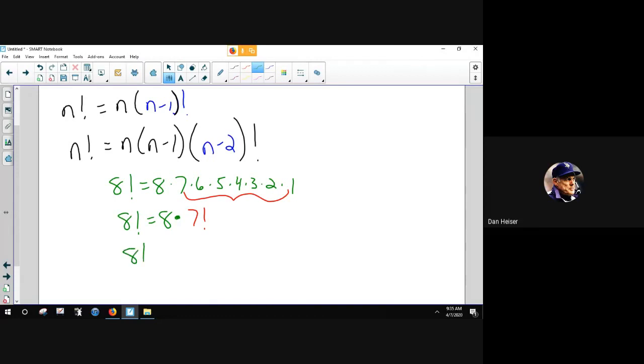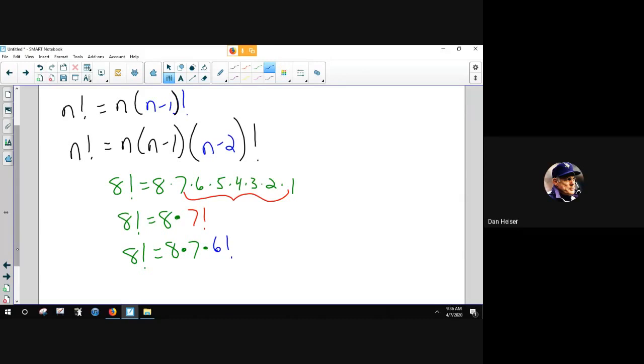It's also 8 times 7 times 6, 5, 4, 3, 2, 1, which is 6 factorial. And so on, and so on, and so on.